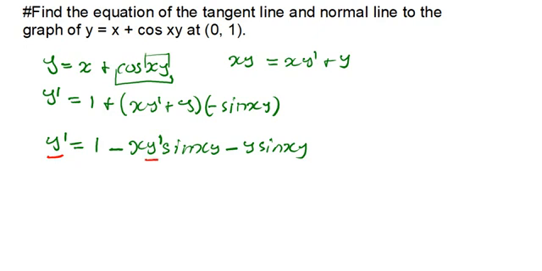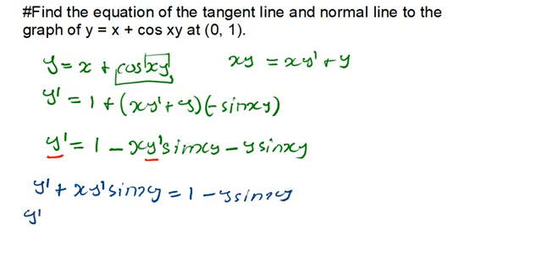We add this term on both sides of the equal sign, so we have y prime plus x y prime sine xy equals 1 minus y sine xy. You have your y prime that is common here: y prime times 1 plus x sine xy equals 1 minus y sine xy.